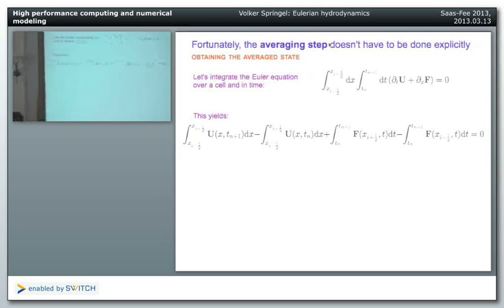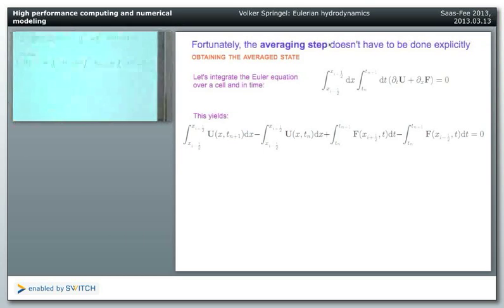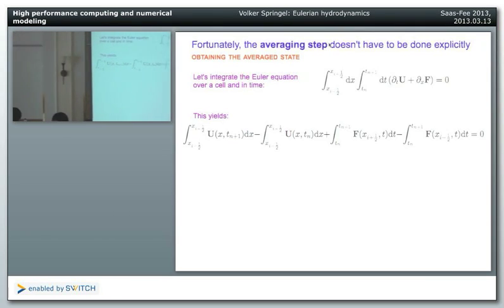Now, if you look at these four terms, this one is the new state at the end, t_n+1. If I put in the evolved solution, this whole integral will be equal to the average state times delta x, because that's just the definition of the average state.